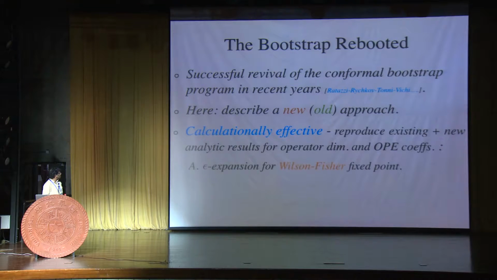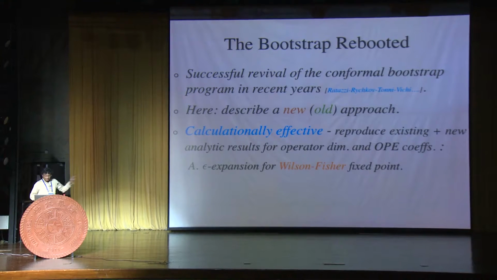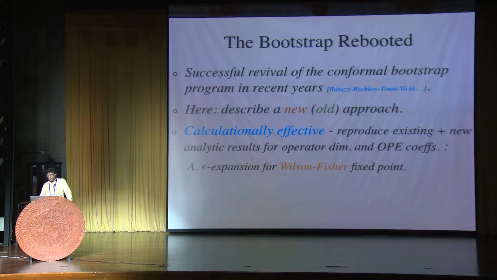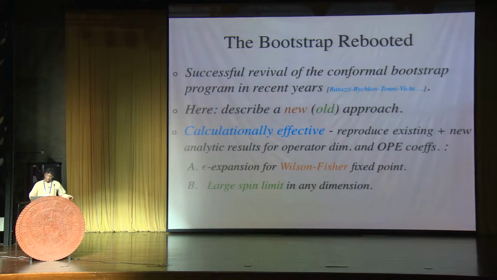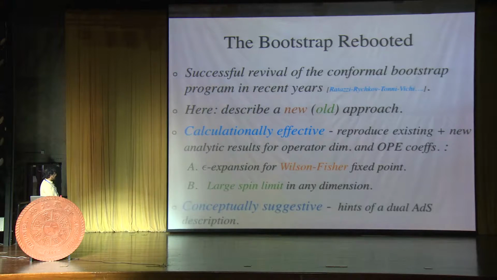In particular, I'll illustrate it in two contexts: the canonical 4 minus epsilon expansion for the Wilson-Fisher fixed point, and another distinct limit, a large spin limit, something valid in any dimension. So this will be the mainstay of my talk. But I feel this approach is also conceptually very suggestive.